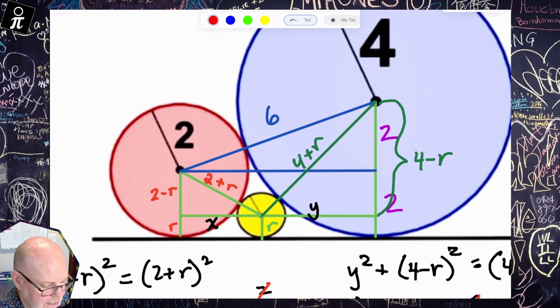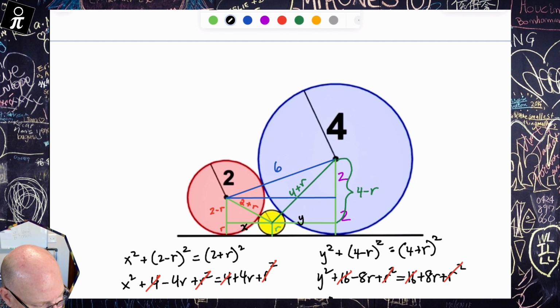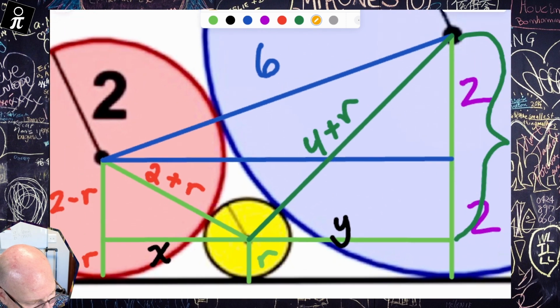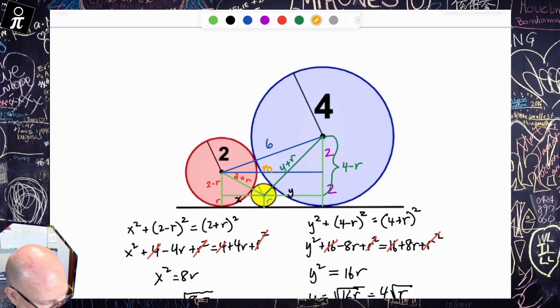So let's solve for that and figure out that value, except I'm going to be a little bit on the lazy side, and I'm going to make this leg m. All right. And so let's do it. m squared plus 2 squared is equal to 6 squared.